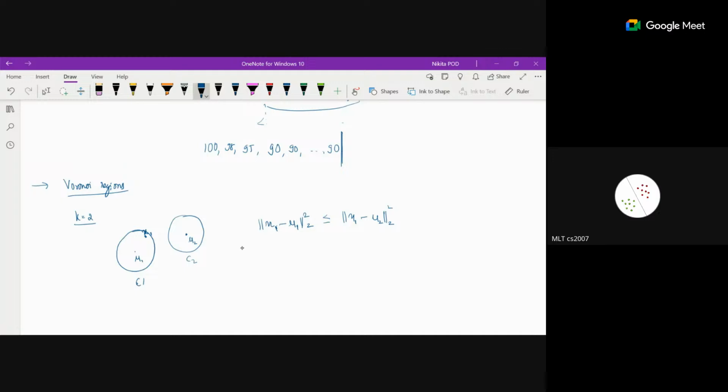If I solve this, what we should get is x1 transpose (mu2 minus mu1) is less than or equal to (norm of mu2 squared minus norm of mu1 squared) divided by 2, for every x1 belonging to, or let's just call it x, that is better.